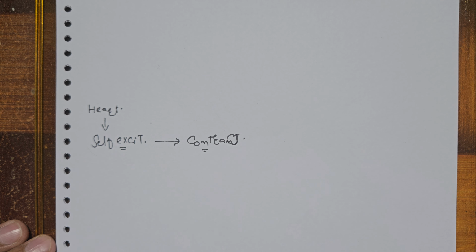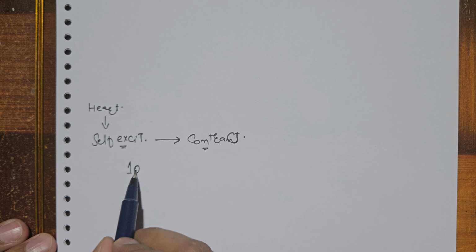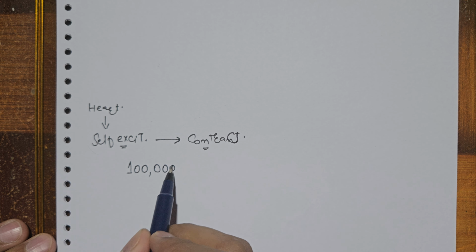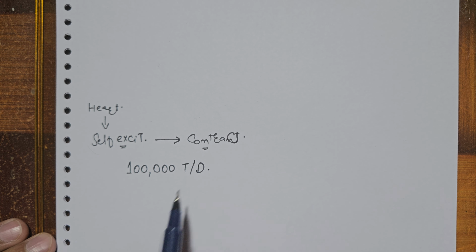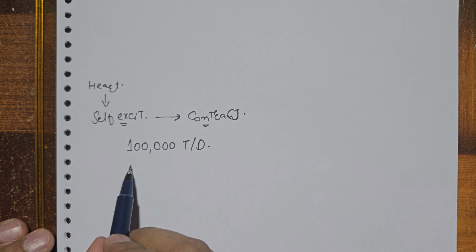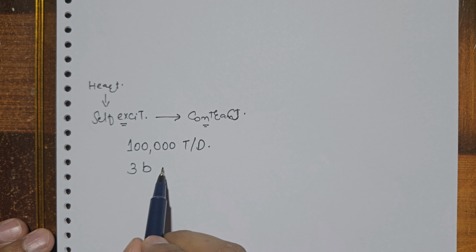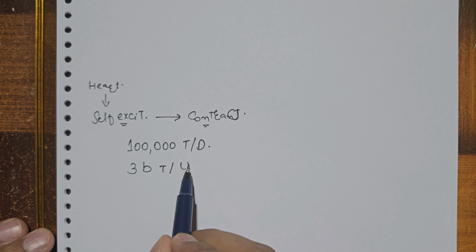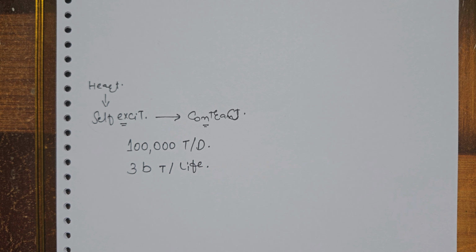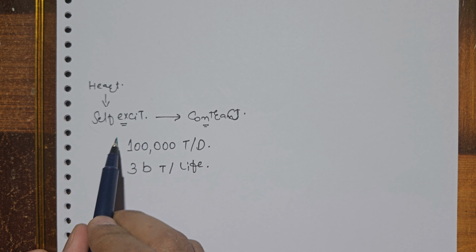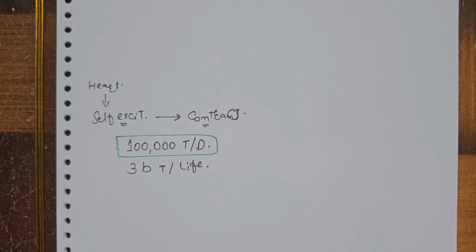When we measured these excitations, they came out to be 100,000 times per day, or 3 billion times in an average life of a human being. So our heart undergoes contractions 100,000 times each day. How is a heart able to contract so many times?